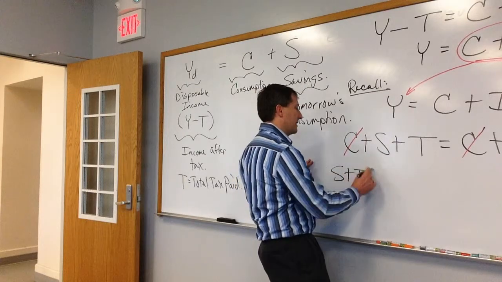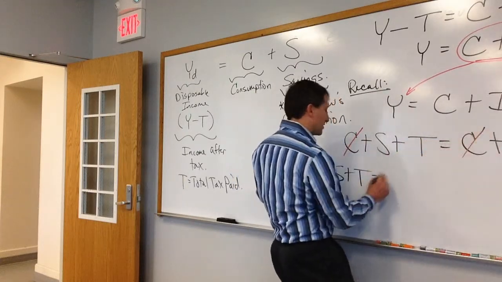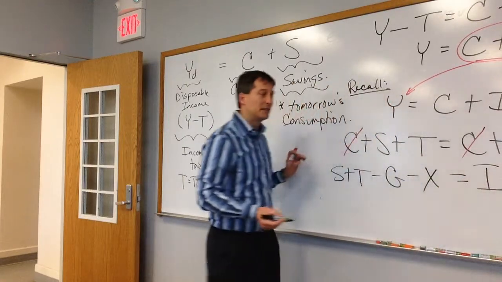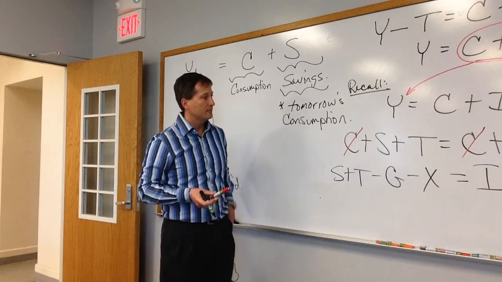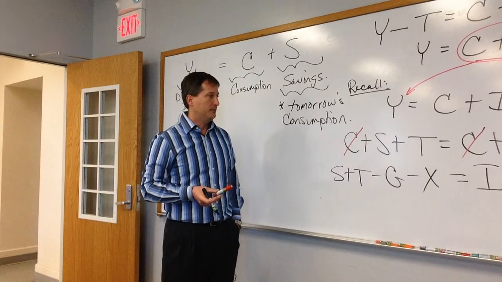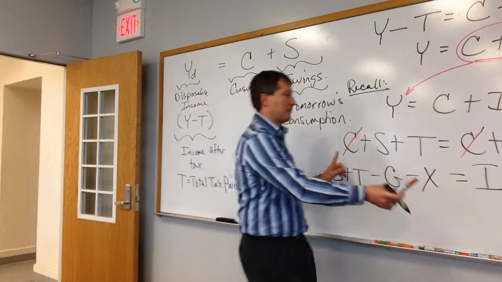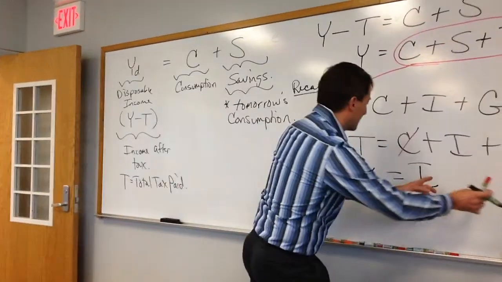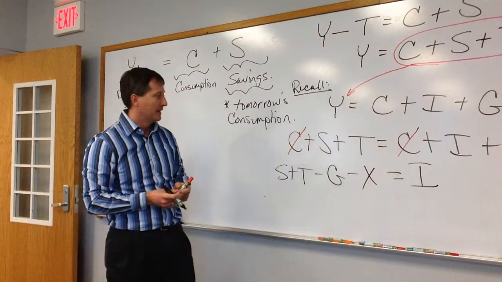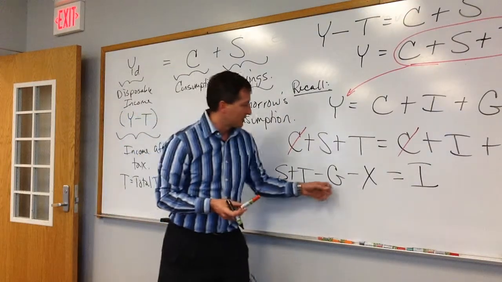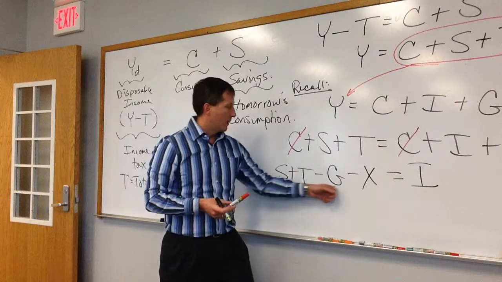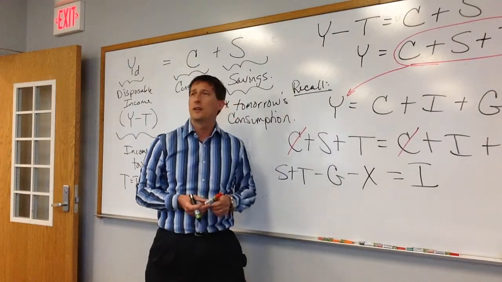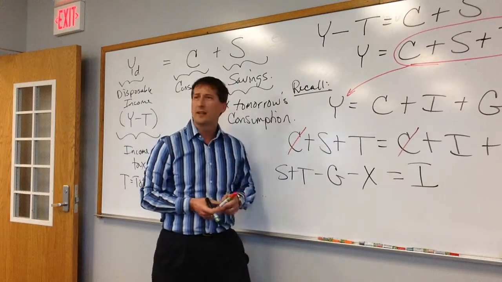So S plus T minus G minus X equals I. Now I want to flip this around, or just put the I here and put this junk over there, just so it reads nicer. Now, as we start to do that, though, what is this and this? What's this? T and a G? T minus G?